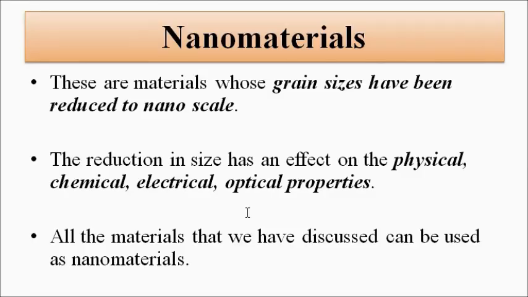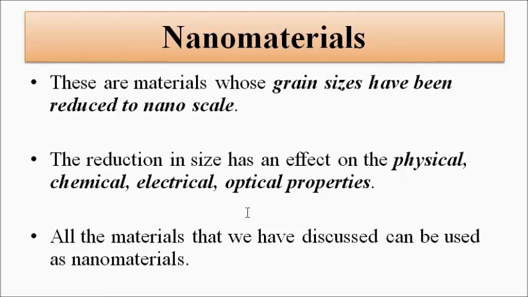The basic definition of nanomaterial is that the grain size of these materials has been reduced to nanoscale, okay. When there is a reduction in the size of these materials, obviously it will have an effect on their physical, chemical, electrical and optical properties.